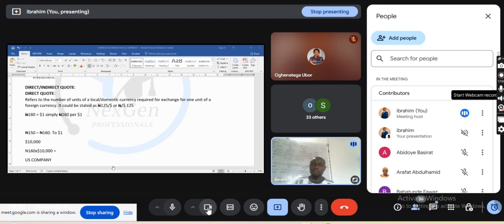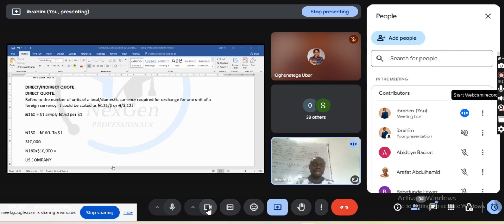If a spot rate is being quoted as a home base, we need to look at it as a Nigerian, your company's currency is a domestic currency. We need to look at it in every question.